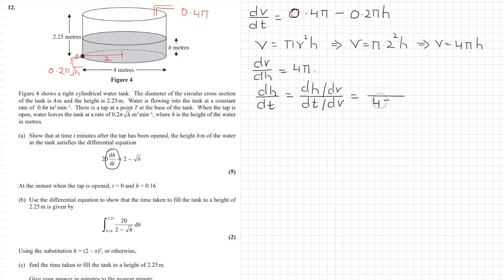And dV over dt, let's do it again. dV over dt is 0.4 pi minus 0.2 pi root h.